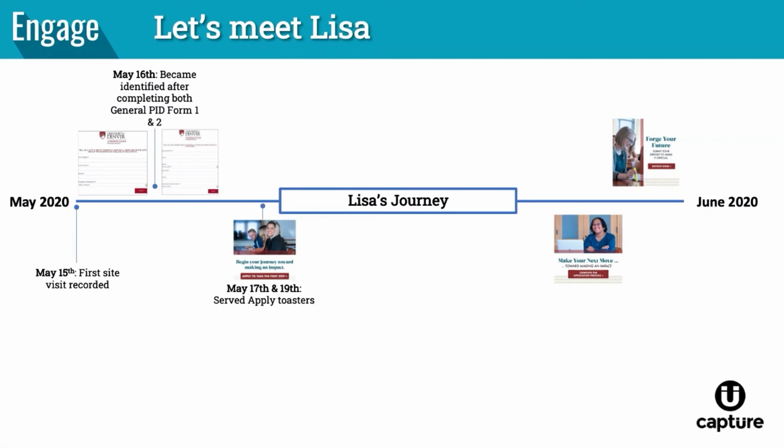So Engage on May 17th and May 19th, when Lisa came back to the site, is triggering digital advertising again on the institution's website itself, encouraging Lisa, because Engage knows that Lisa is an inquiry and has not yet applied, to go ahead and take that step of apply. So on both May 17th and May 19th, when Lisa was on the site, Engage was saying, hey, Lisa, we're encouraging you to apply.